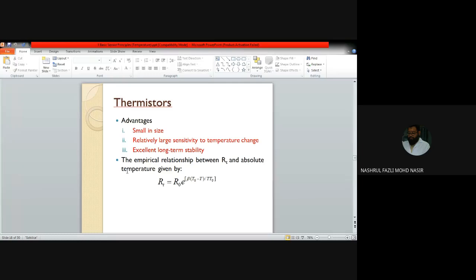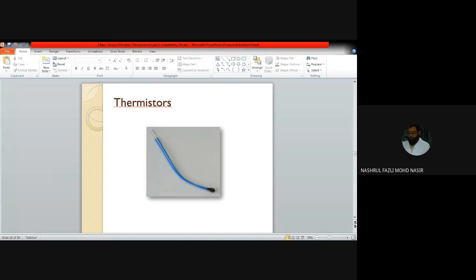Okay, let's go to the notes again. Thermistors: you can make them small in size, with relatively large sensitivity to temperature change and long-term stability. So this is a difference between the thermistor and the thermocouple.